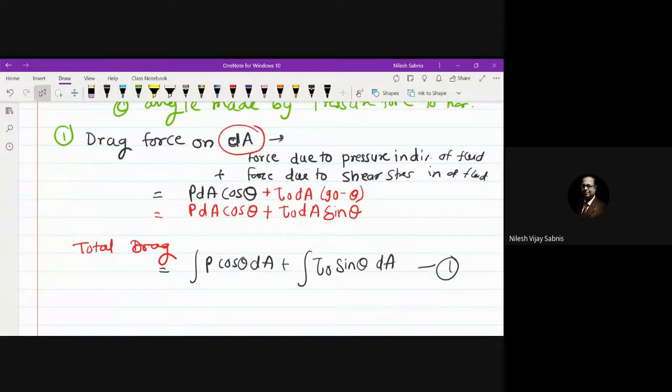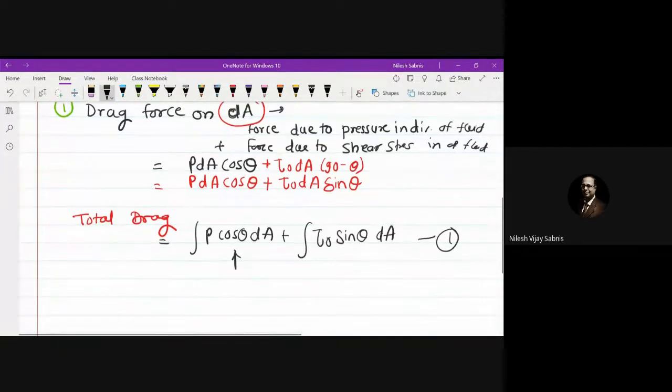The first term is called pressure drag. Remember these words from the point of view of the oral also. This is nothing but pressure drag.